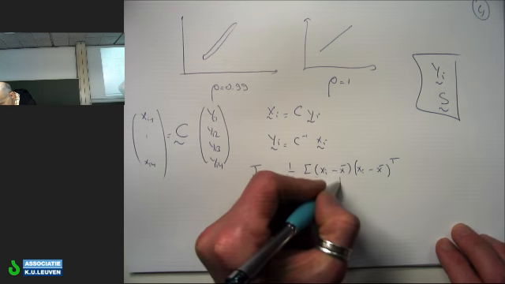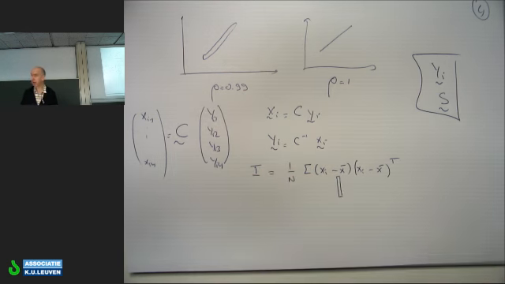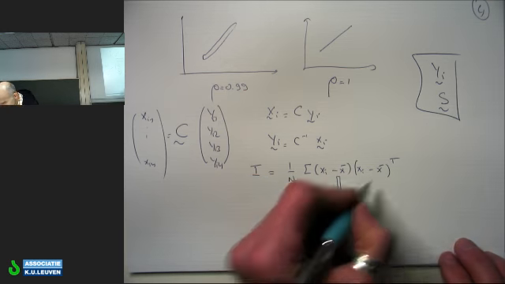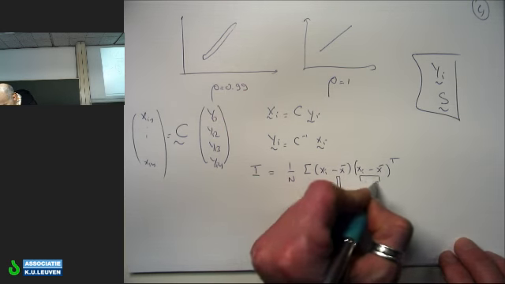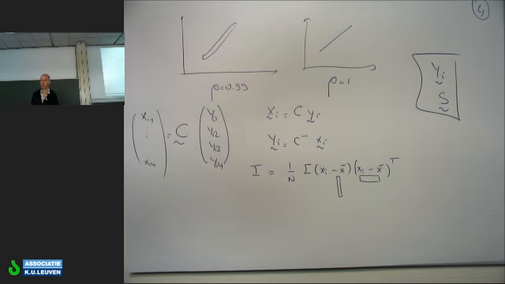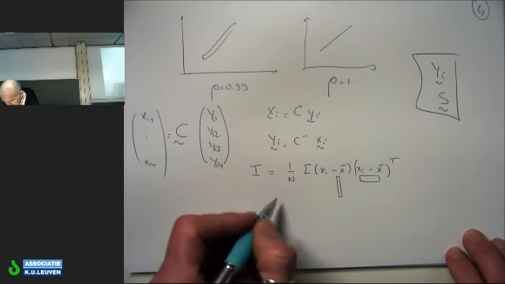Yeah, because this is a column. By default, it's a column. This is a row. And if I multiply a column by a row, this way, I get a matrix. If I multiply a row by a column, it becomes a number. But this way, it becomes a matrix, and that's exactly leading to the variance covariance matrix.